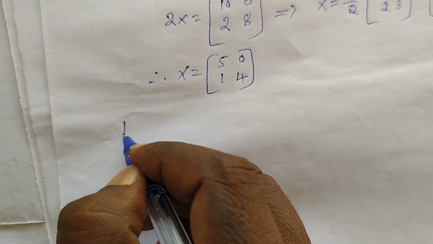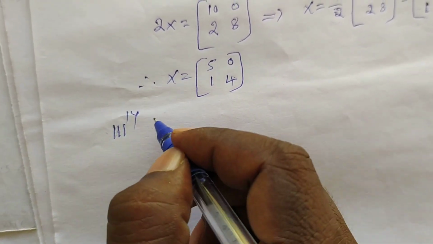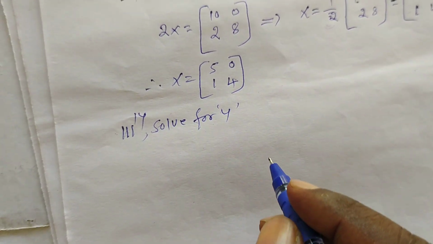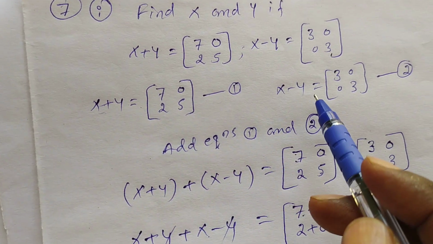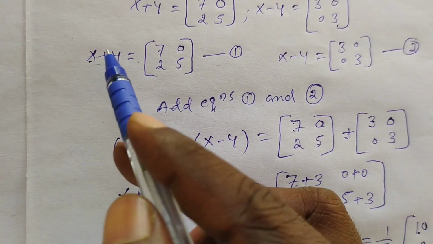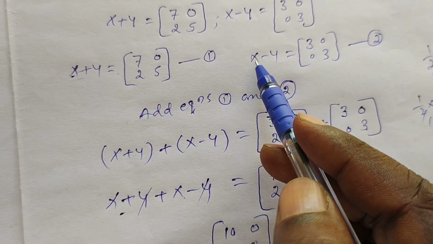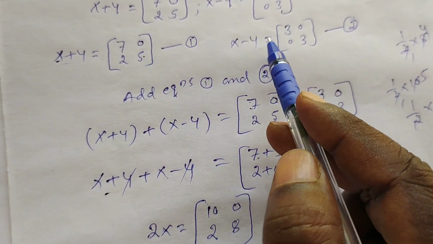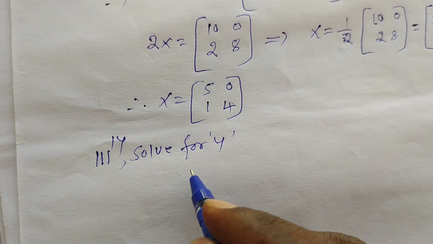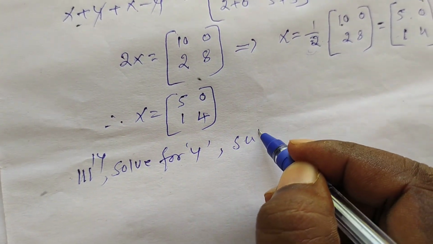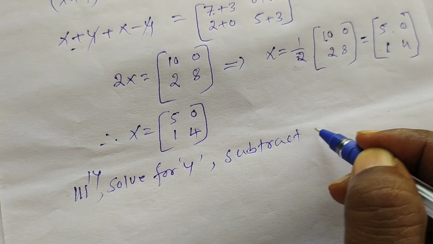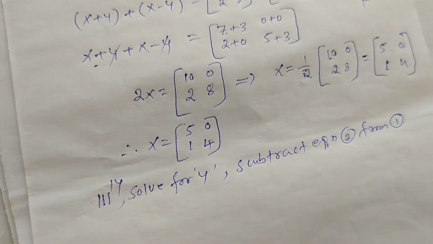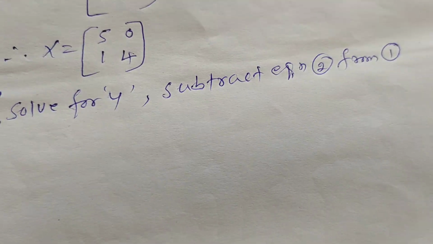And similarly, you have to find the value of Y. Now here you have the two equations. Here plus X, here plus X. Hence, we have to subtract equation 2 from 1.